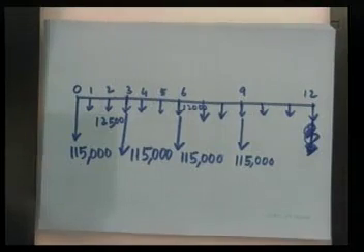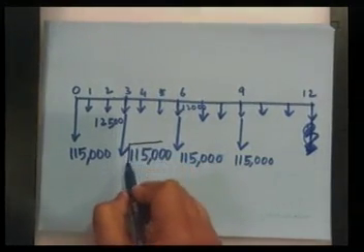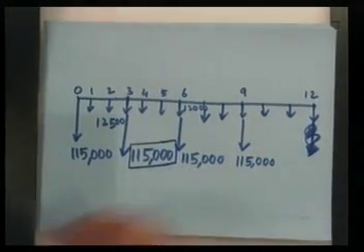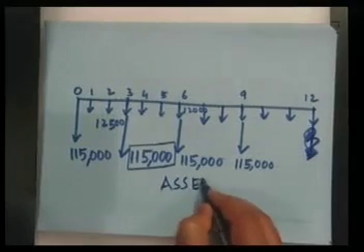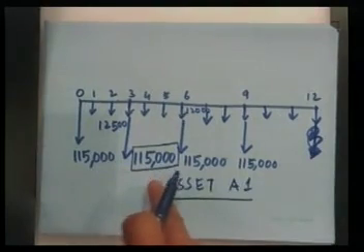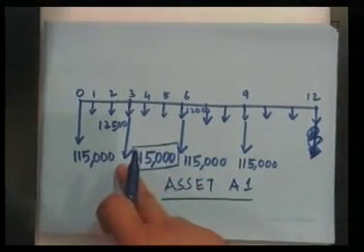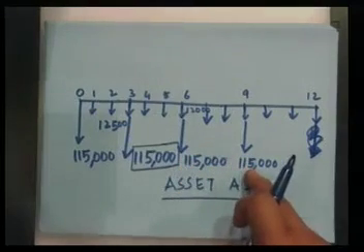Now, one thing you must understand is the assumption that we are making while utilizing this particular method. The assumption inherent here is that we will continue to get asset A1 at the same price, even at the end of year 3, even at the end of year 6, even at the end of year 9.